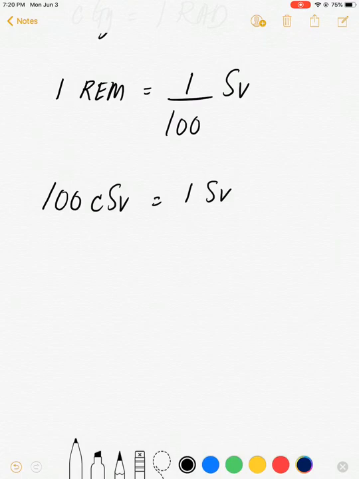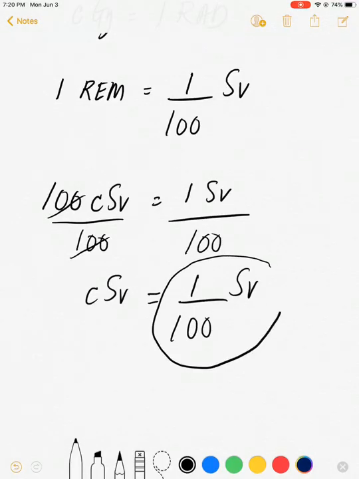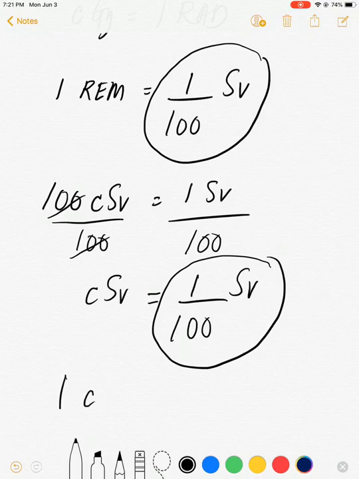And then to find out how much 1 centisievert equals, just cancel out. So 1 centisievert equals 1 over 100 sievert. And again, if you look, this is the same as this. Therefore, 1 centisievert equals 1 rem.